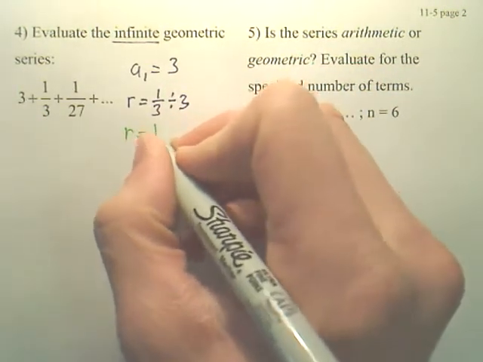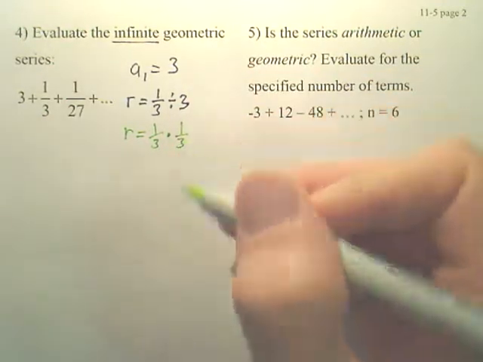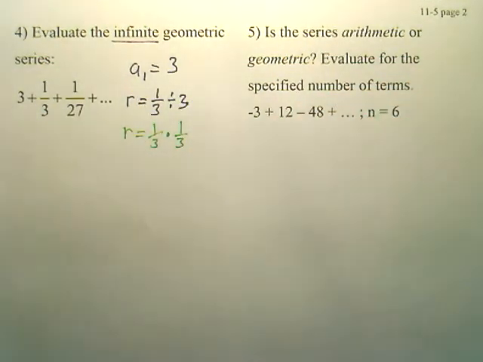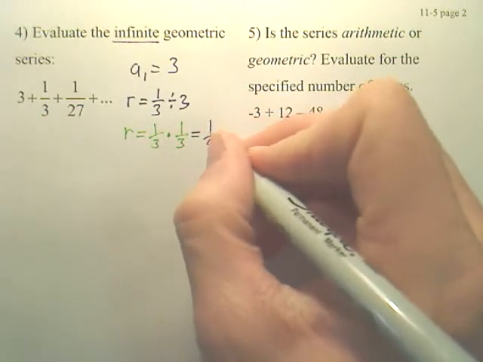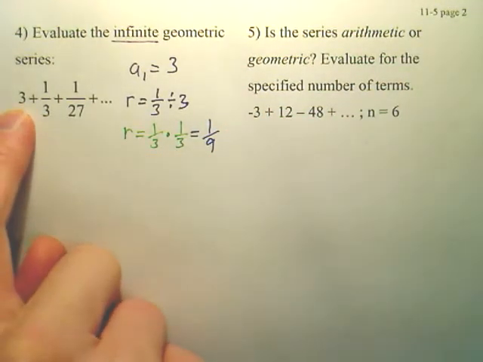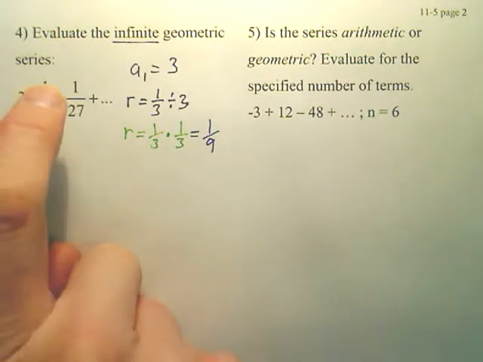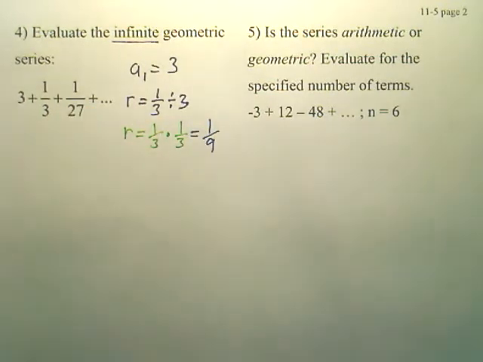So R actually is 1/3 times 1/3, because you flip the 3, which becomes 1/9. Let's verify. Is 3 times 1/9 1/3? Is 1/3 times 1/9 1/27? Okay, that does work. It's always good to verify your common ratio to make sure you got it right.